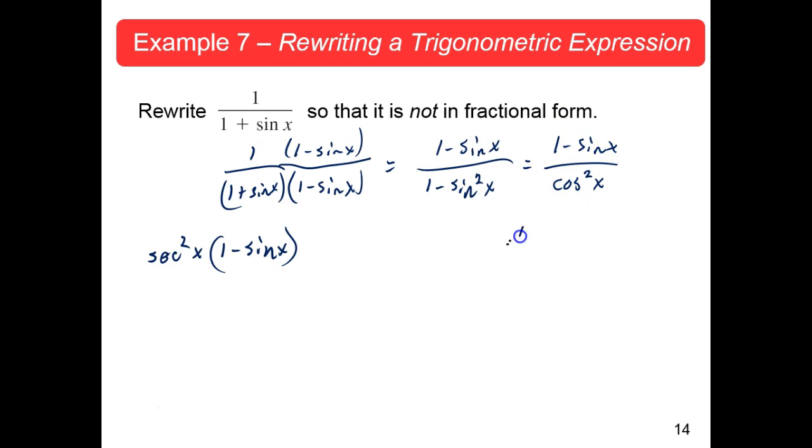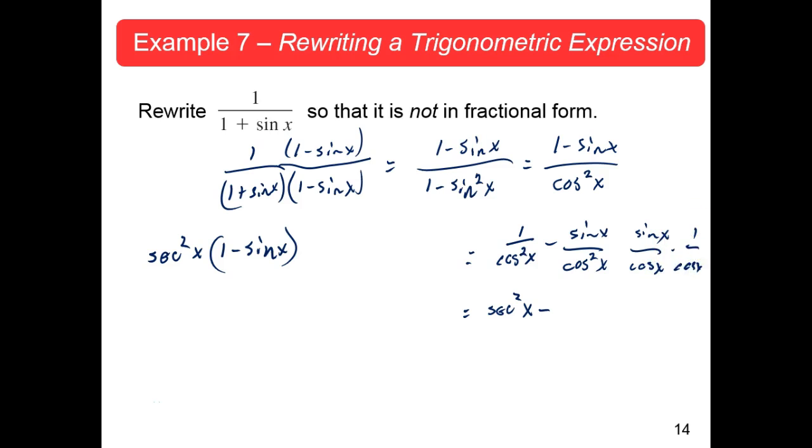Here's the other way they said, let's do it as 1 over cosine squared x minus sine x over cosine squared x. And 1 over cosine squared x is, just like before, secant squared x minus, now this part could be written as sine x over cosine x times 1 over cosine x.